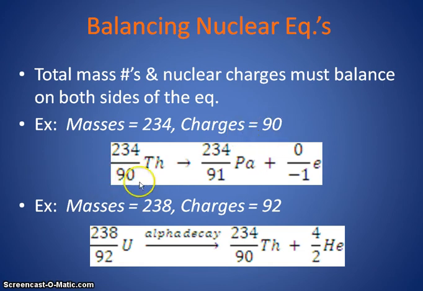We've got 90 from our protons here, and then we've got 91 from this, but we've got a -1 here, so we're able to balance that out. It's very similar to balancing a regular chemical equation. We need to balance for both mass and charge.